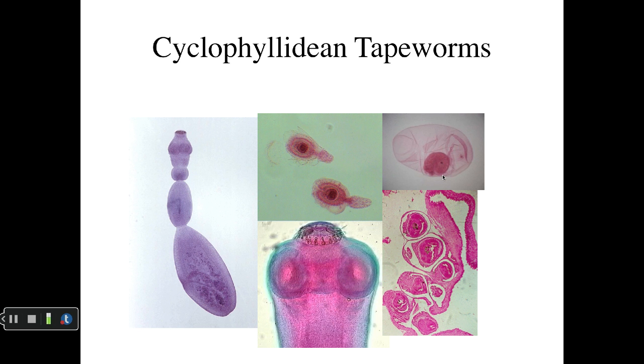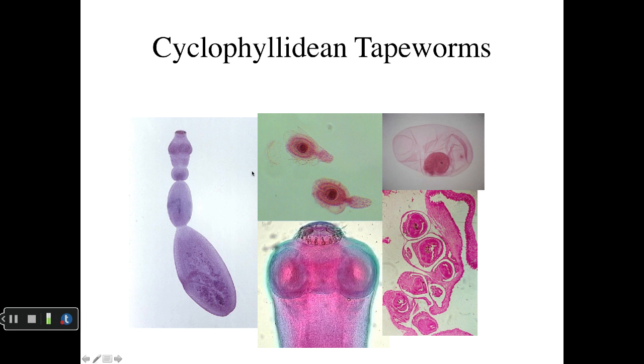The members of this group are rather varied in appearance, in the adult stage as well as in the larval stage. And this first slide just emphasizes that fact. So here you can see an entire tapeworm, and this is the smallest of the Cyclophyllidean tapeworms, and really just consists of these three segments and the scolex.